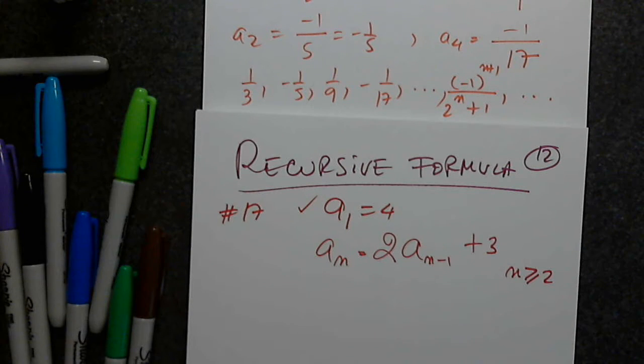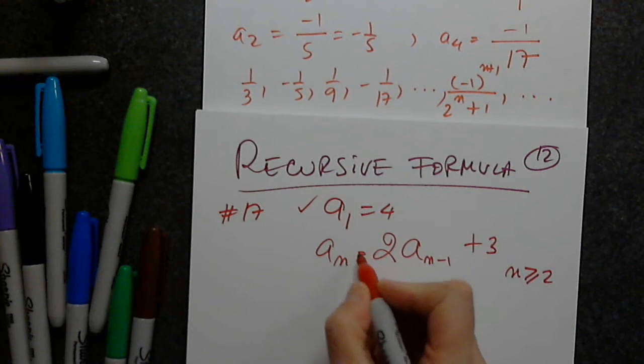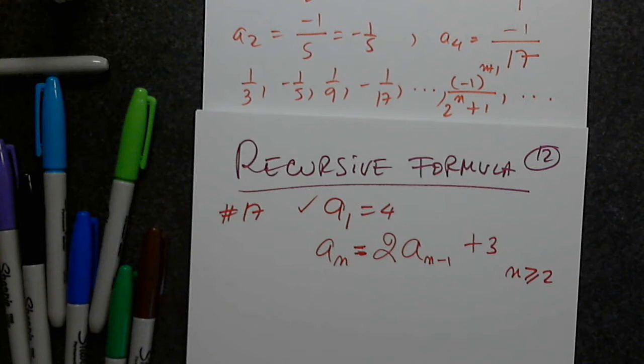So what does this say? It says I cannot determine the second term if I don't have the first. So if this is 2, then this is 2 minus 1, the previous one.